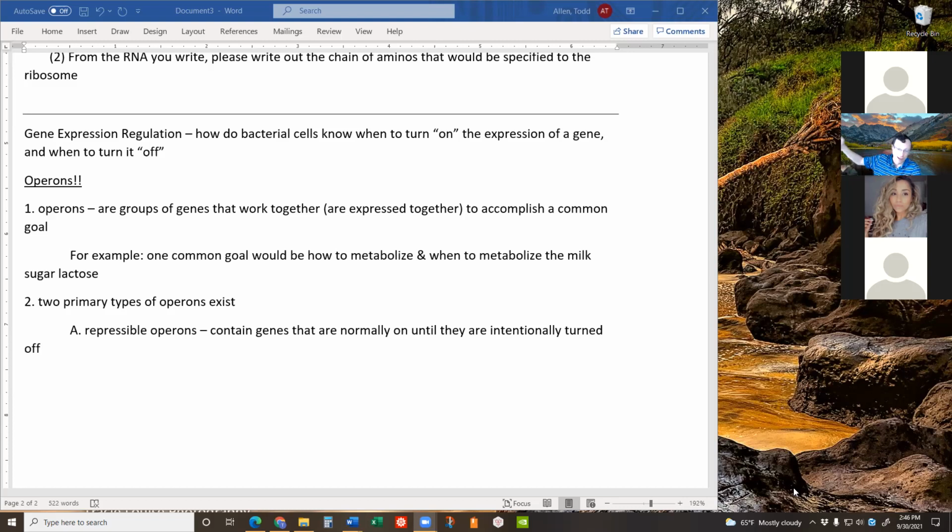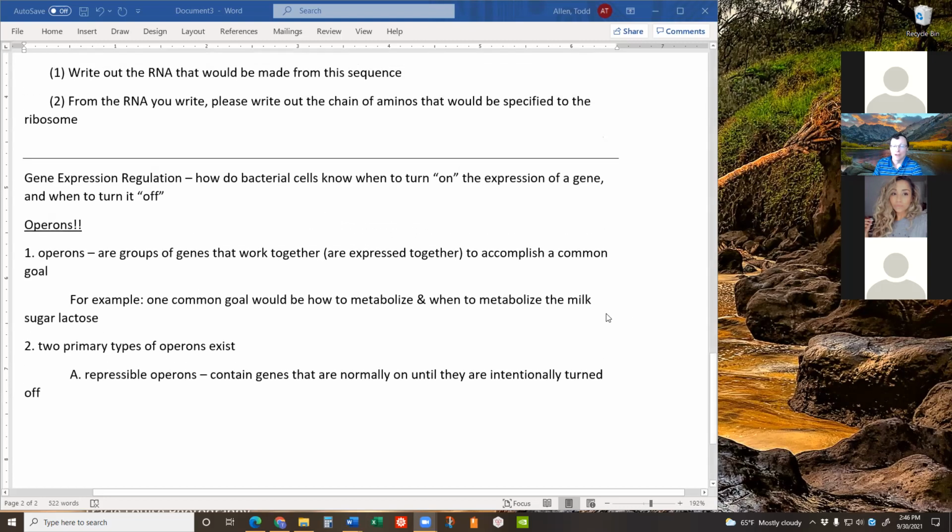Okay, so televisions, computers, water. What I was thinking of was the refrigerator, right? Isn't your refrigerator typically running all the time because you have to chill your food? The only reasonable time you would turn it off is if you need to move the refrigerator or something like that. The refrigerator's on until you turn it off. That's kind of like a repressible operon.